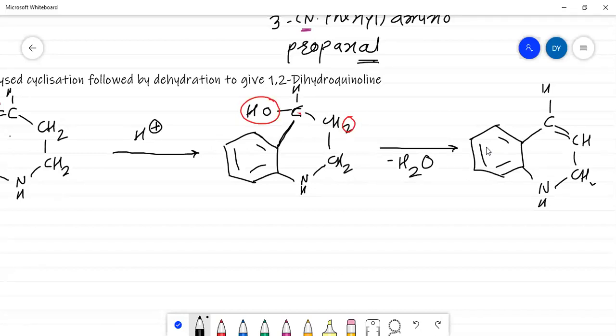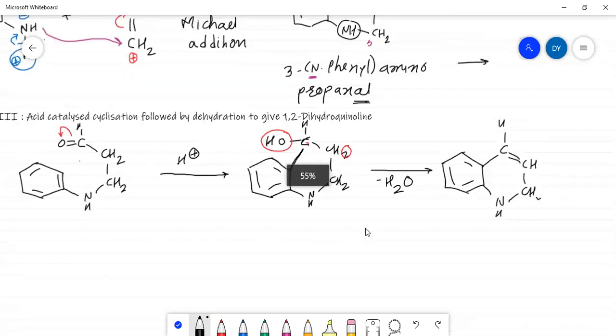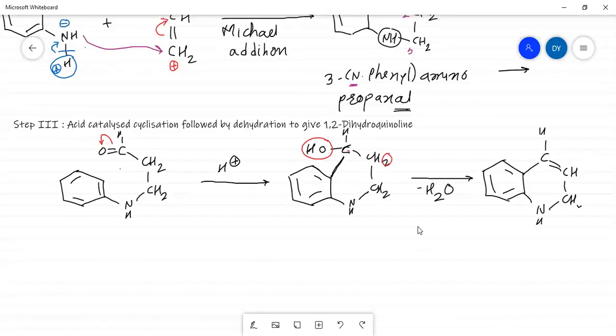So students, this is step number 3. You can see here: acid catalyzed cyclization followed by dehydration to give 1,2-dihydroquinoline. So in the first step, a cyclization takes place because a cyclic ring forms.